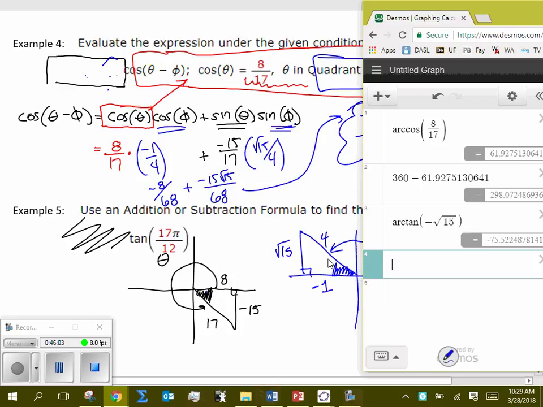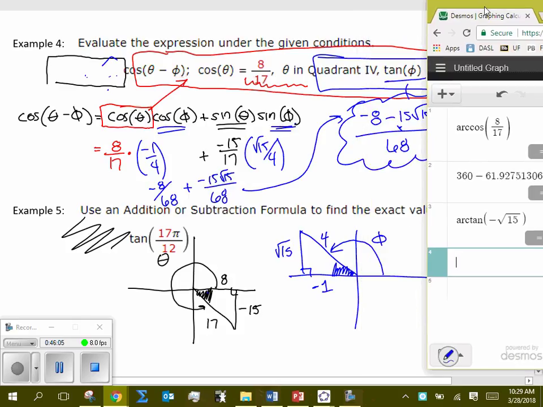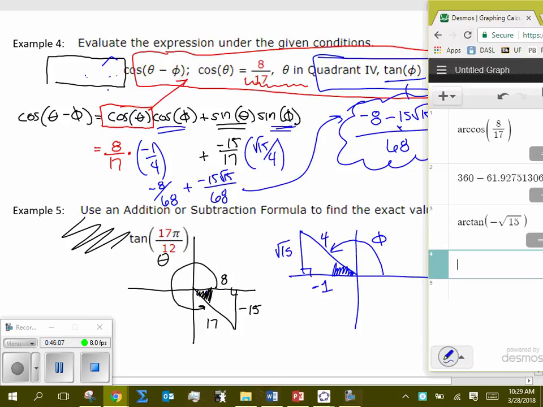Okay, but we know that this thing's in the second quadrant, and what happens essentially here is that what I've just been provided. Give me 1 second, my tablet died. All right, so the negative 75 degrees that Desmos just gave was that angle there.